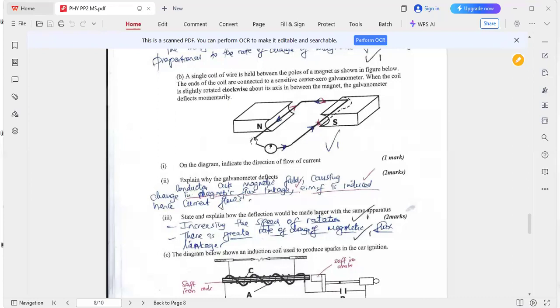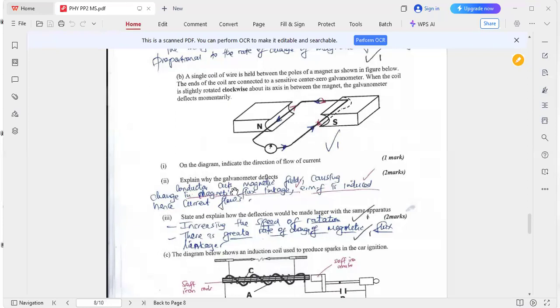Then on the other side, the left-hand side of the coil, it will point in the opposite direction. So I think there are many arrows here, somebody was trying to figure out the direction, but it should only be 2 arrows, one pointing this side, another pointing the other side on the left. So that's 1 mark for Roman 1.